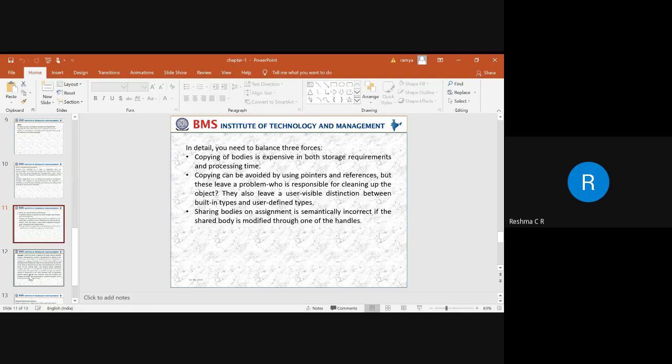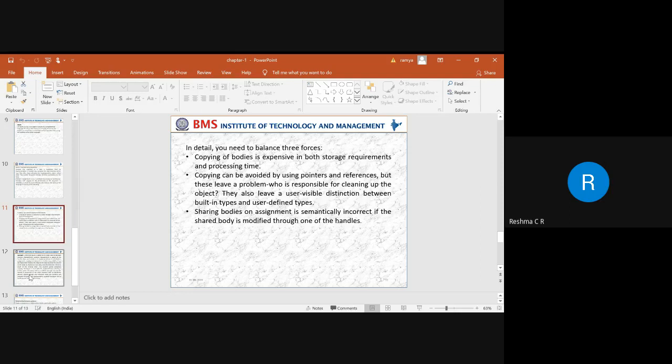The next thing is, when we are defining a problem, we need to have three different forces for a counted body. So what are these three different forces? One is copying of bodies with an expensive storage requirement, so the processing time can be taken care of.